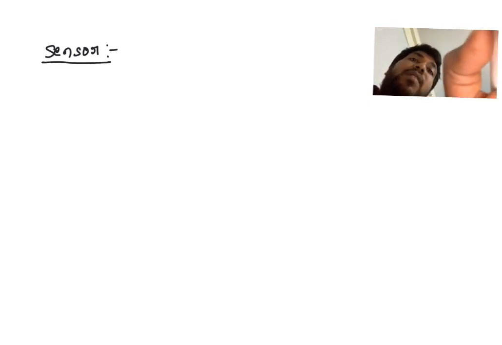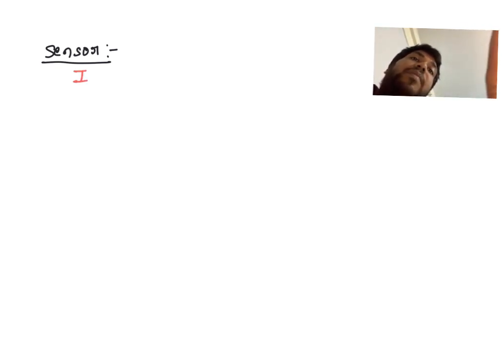Now let me conclude the definition of sensor here. From the past discussion, by this time you might have understood the definition of sensor. So let me write down this point very clearly, and I will be very happy if you people note down this definition.